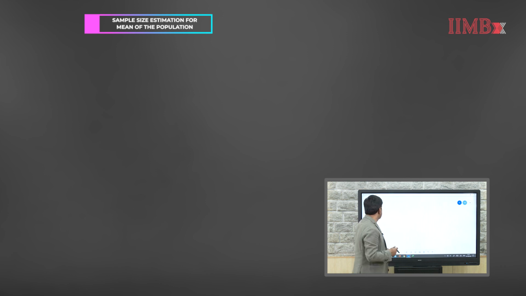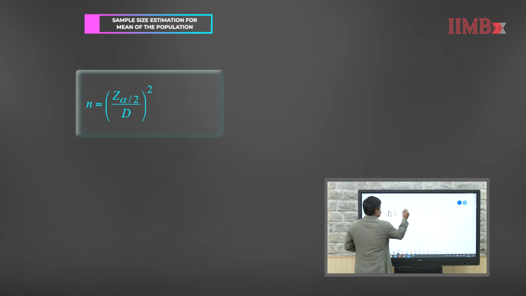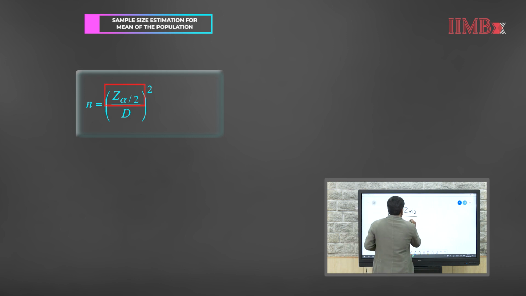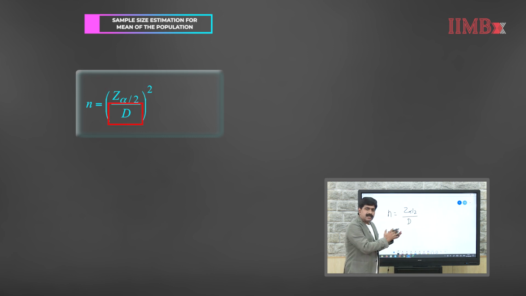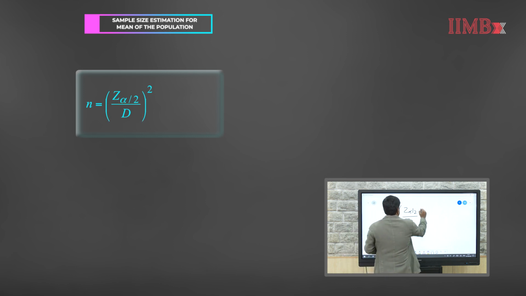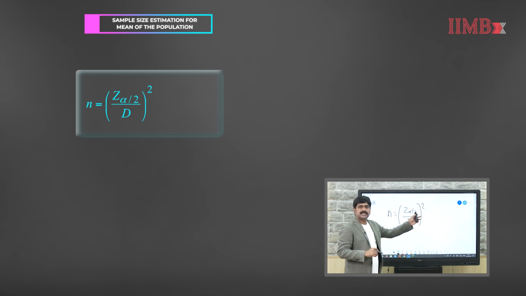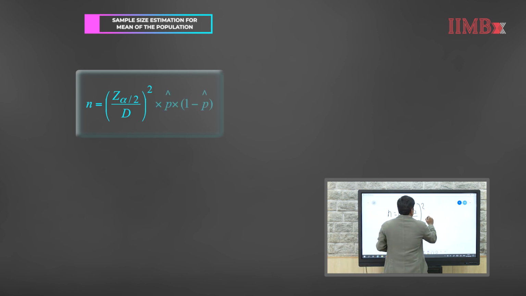In that case, when we are estimating the proportion, the sample size is z alpha by 2, which is basically the critical value, divided by d, which is the difference in the estimated value versus the actual value, square this, and we multiply this with the corresponding variance, which is p estimate times 1 minus p estimate.